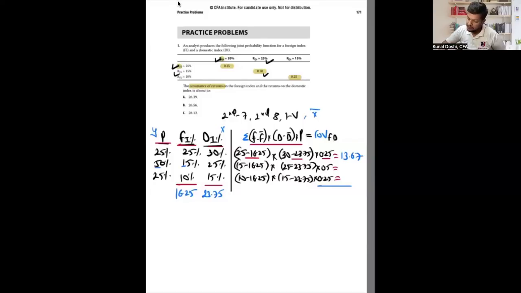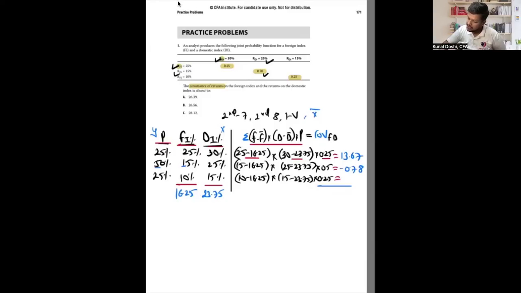The next one I'll do 15 minus 16.25. I store it, second store 2. Then I do 25 minus 23.75, times 0.5, equals. I get 0.78 negative. Store 2. Third one: 10 minus 16.25, store 3.